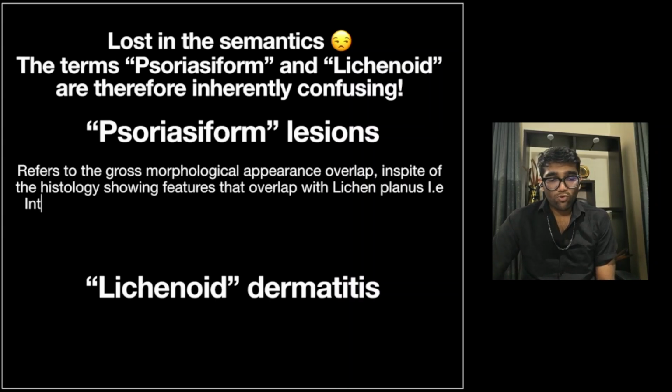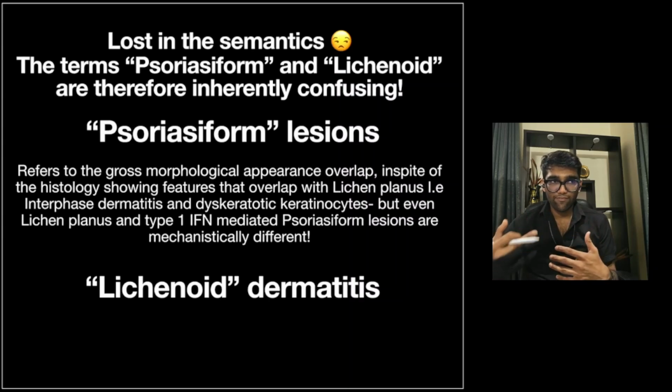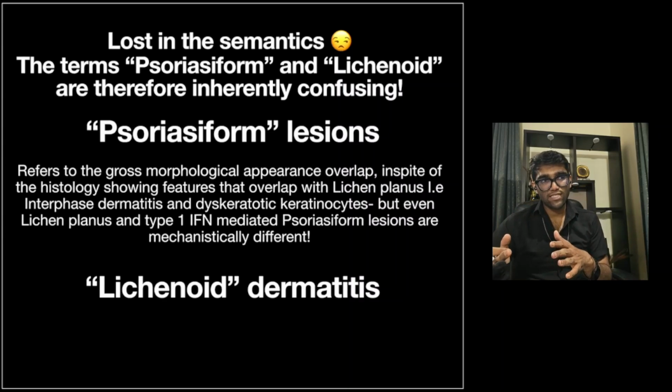So psoriasiform actually refers to the gross morphological overlap of psoriasiform lesions with those lesions that represent true psoriasis. Both lesions have an epidermal cell layer that is not able to undergo differentiation, but in psoriasiform lesions it's because type 1 interferon is not allowing normal cell differentiation to occur.